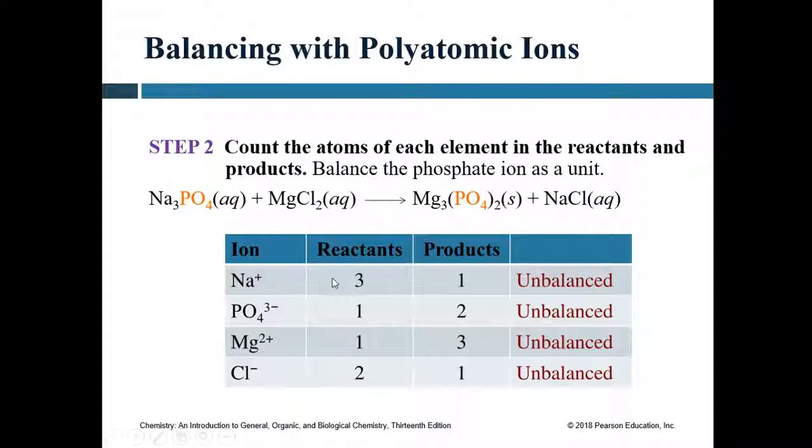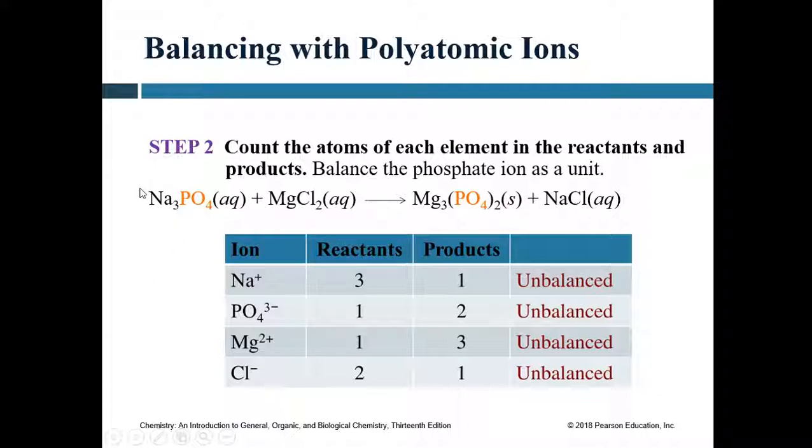Well, you don't always have to start in one particular place. Let's arbitrarily, let's see, how about we got 2 phosphates? Since we have 2, let's go over here and put a 2 in front of this sodium phosphate, so that I would have 2 phosphate units on my reactant side.